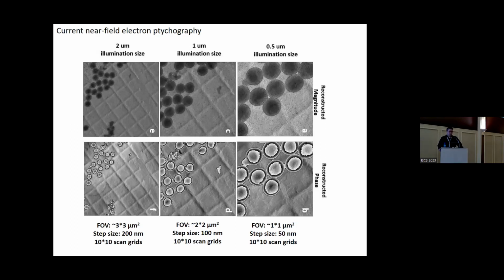That is beyond the minimum movement of our stage, so we have to change the scanning from the stage to the beam shift, which is currently the next step we are going to consider.